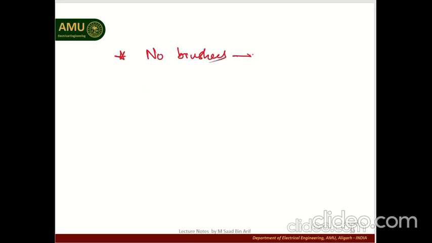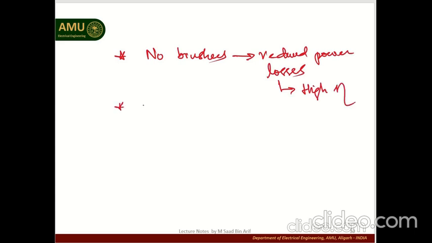It means reduced power losses, and relatively high efficiency. Another important feature is no commutator.